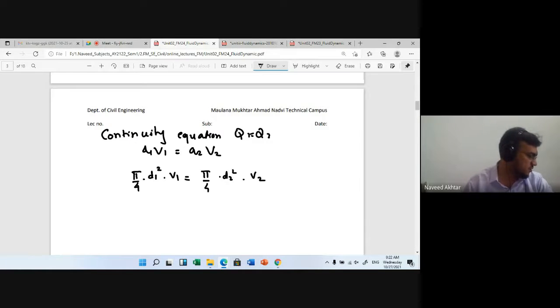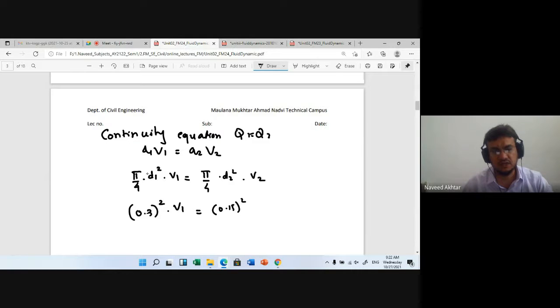Am I right? If you put the values, the pi by 4 will cancel, and D1 is 0.3, so 0.3 square into V1 is equal to 0.15 square into V2.